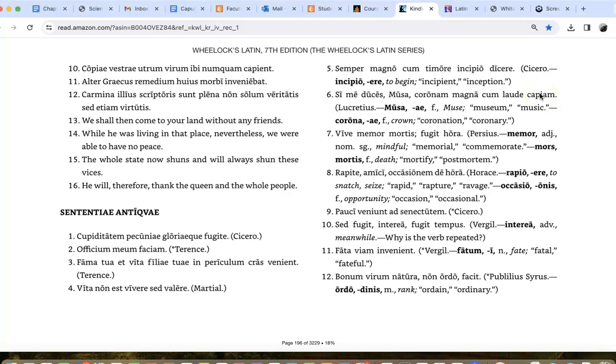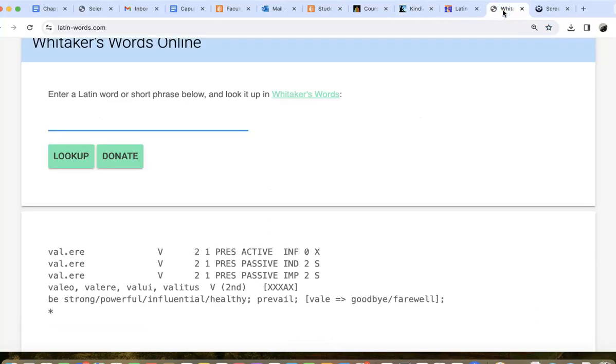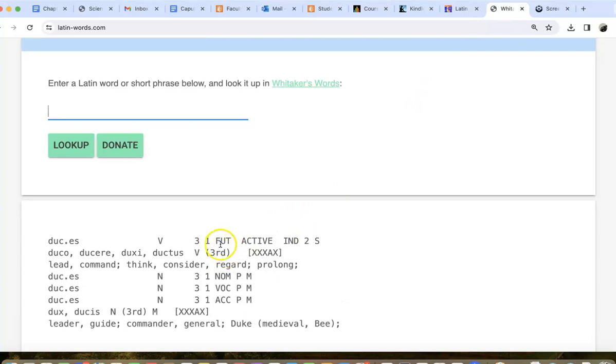So that's kind of literally looking up the words, but then we got to go back and make sense of it. Now, duces, which we've had before, duco, ducere, duxi, ductum, but what is new for us in this is it is future active indicative second person singular. So if you will lead me is how we have to practice that one.